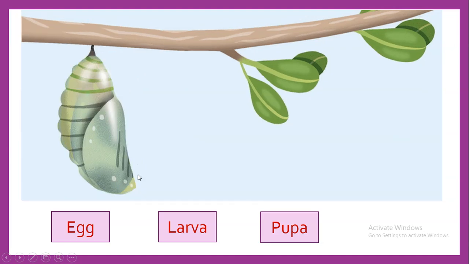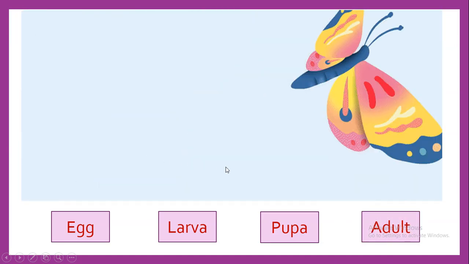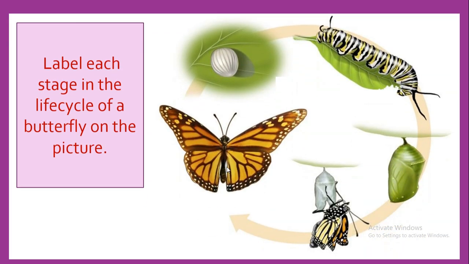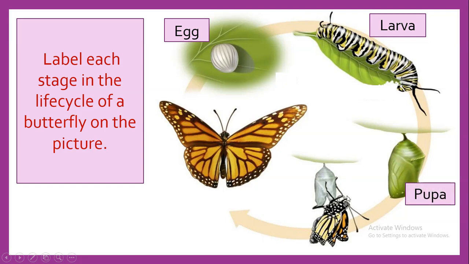A pupa, and this case is chrysalis, and an adult butterfly emerges from the chrysalis. Label each stage in the life cycle of the butterfly on the picture. First, we're going to begin with the egg, a larva or a caterpillar, your choice, pupa, and this case is chrysalis, then adult butterfly.